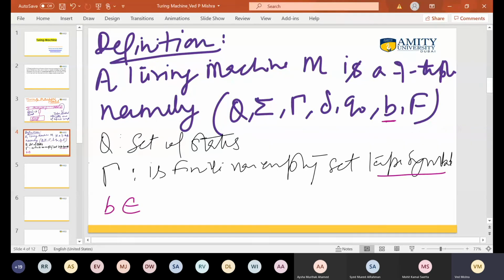In any machine, whether it's pushdown automata, DFA or NDFA, it was not available. B is an element of the tape symbols only, but it is called blank. So we will use in the tape symbols some blank symbols as well.